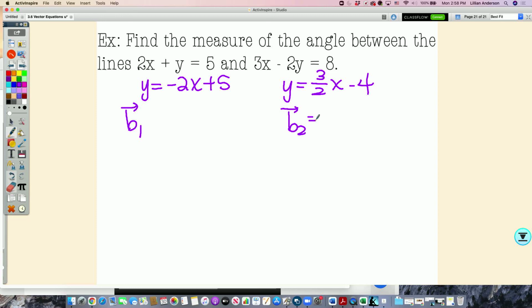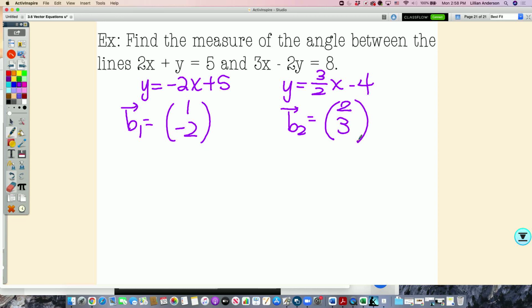The direction vector is the gradient, but gradient is what over what? Rise over run, or y over x. And remember, when we write direction vectors, what number's on top? x. So you have to do positive 1 over negative 2, and here you have to do 2 and then 3.